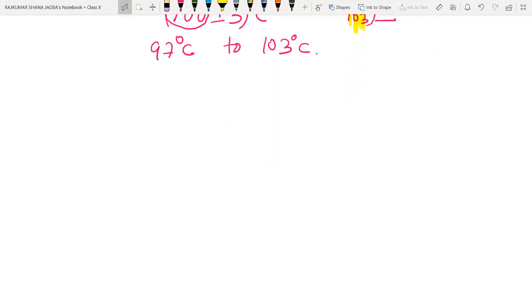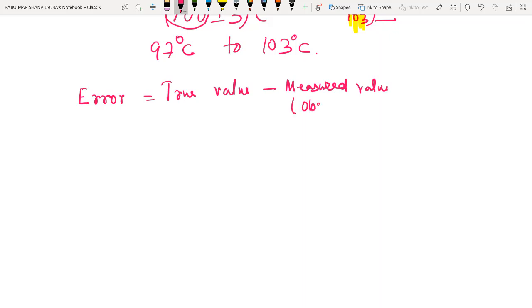So we will consider different types of error. First, error is true value minus measured value, or observed value.